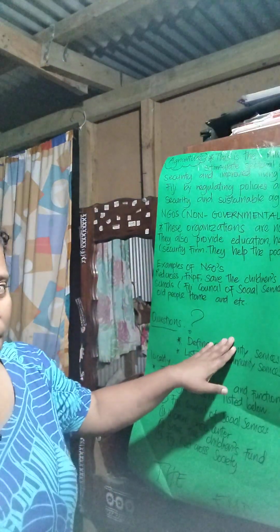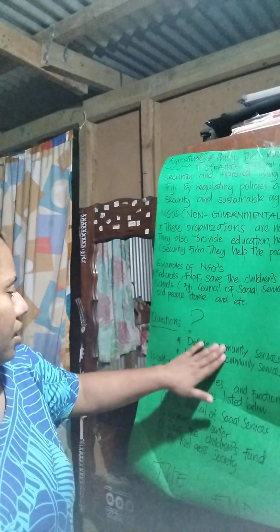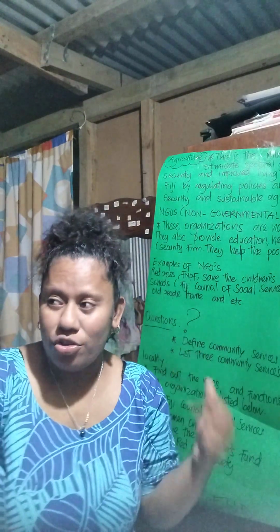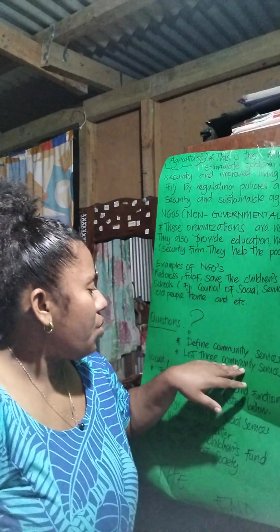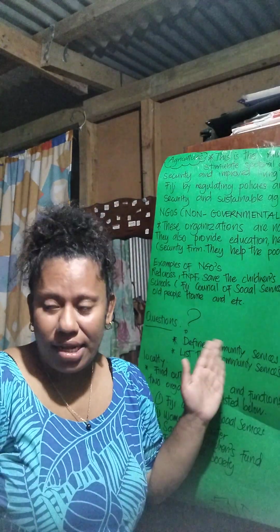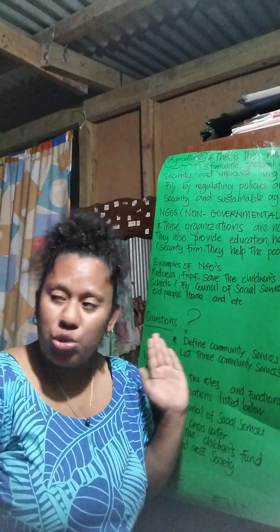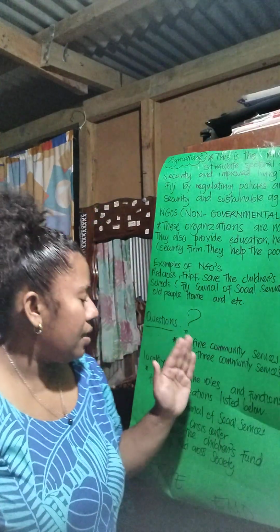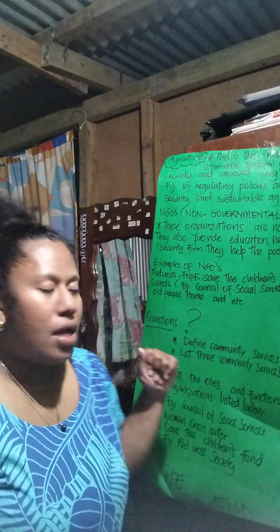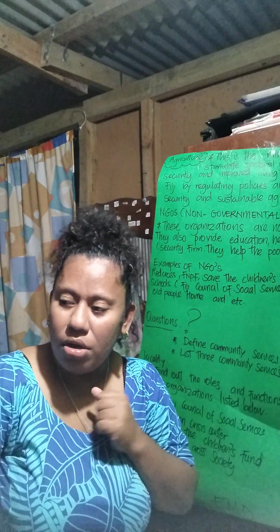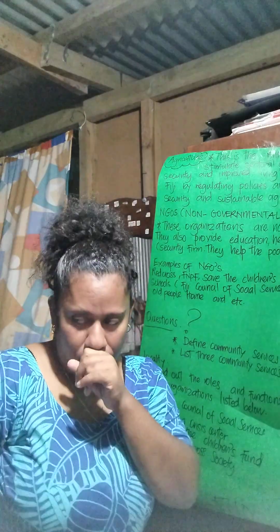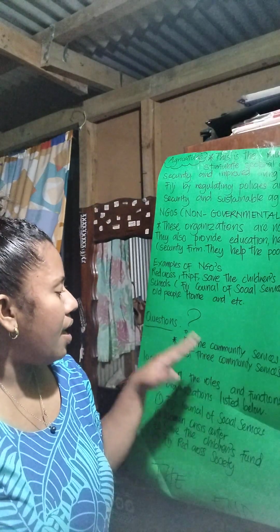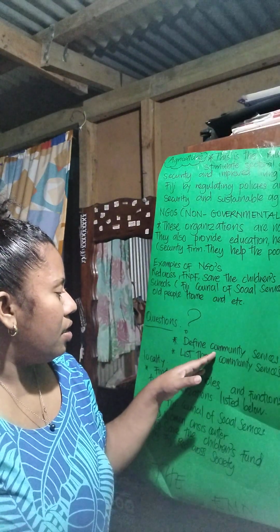Okay, right now we'll move to our questions, our activity for today. I need you to write all these questions down, and I need you to answer in 5 minutes' time, not in groups, or if you want, do it in groups, and answer these questions.